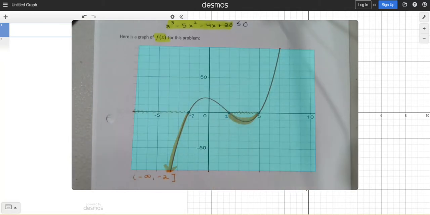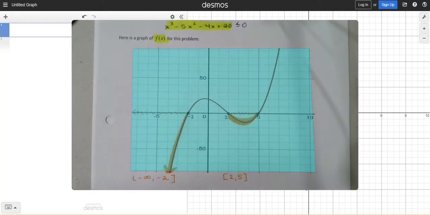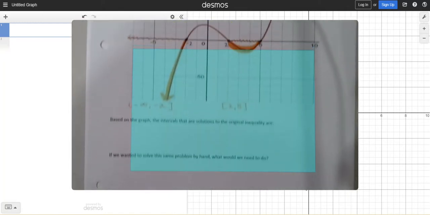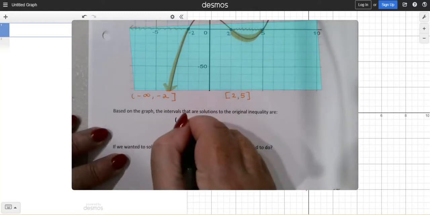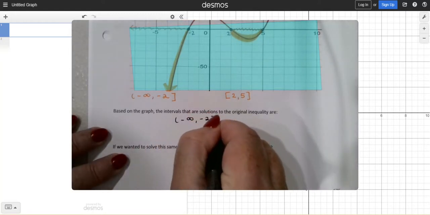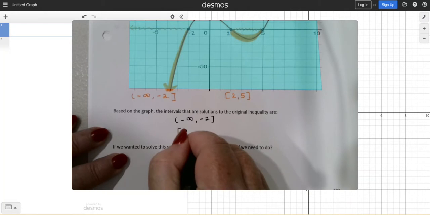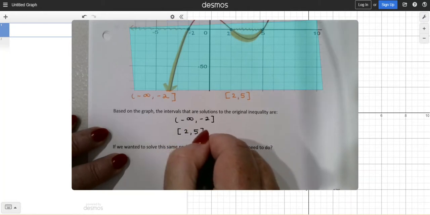The x is between 2 and 5. So those are the intervals that I would say solve my original inequality. I've already written them, but I'll write them once more here. From -infinity to -2, and from 2 to 5.